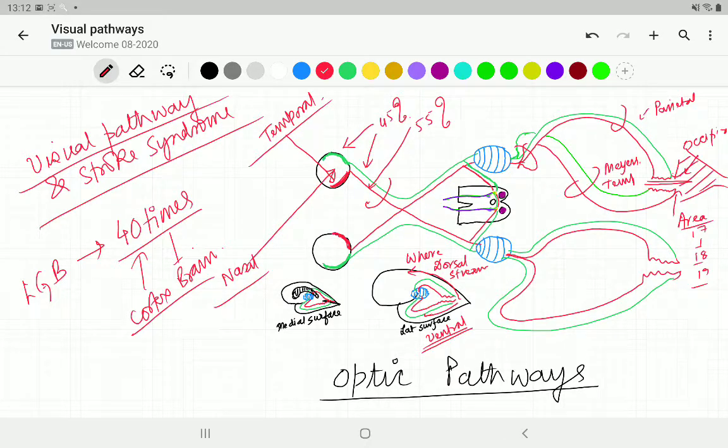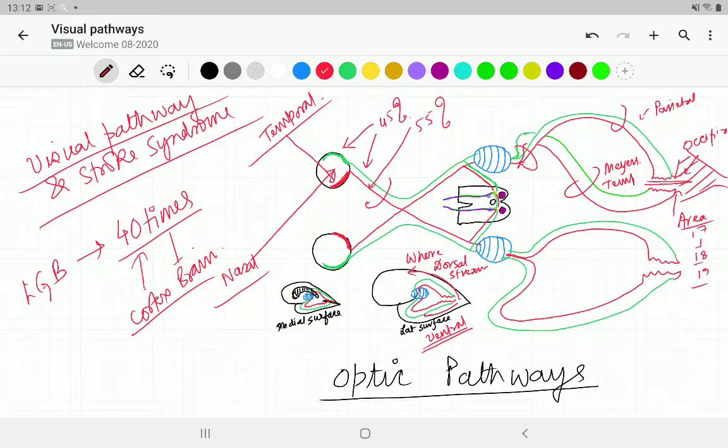Whatever object it is, it goes through the ventral stream in the temporal lobe, which helps to recognize it. So if somebody has damage in the temporal lobe, they get what we call agnosia, inability to identify objects. Although they can describe it, they cannot exactly say the name of the object.